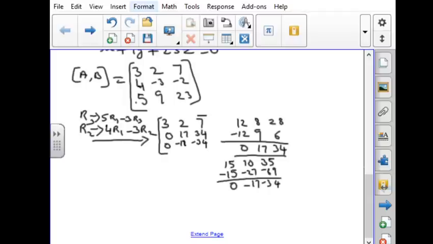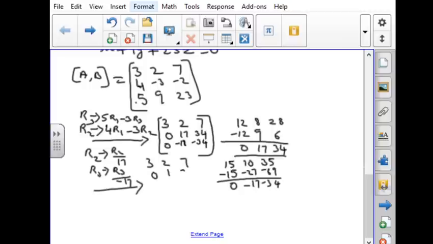Now you see here in the second row 17 is common, and in the third row minus 17 is common. To make it simple, we take R2 as R2 divided by 17 and R3 divided by minus 17. It gives you 3, 2, 7, 0, 1, 2, 0, 1, 2.